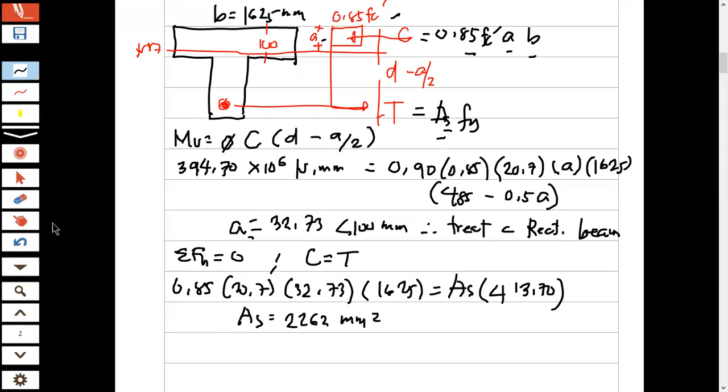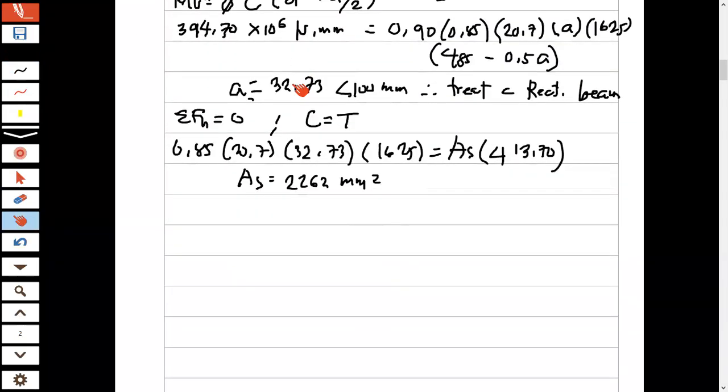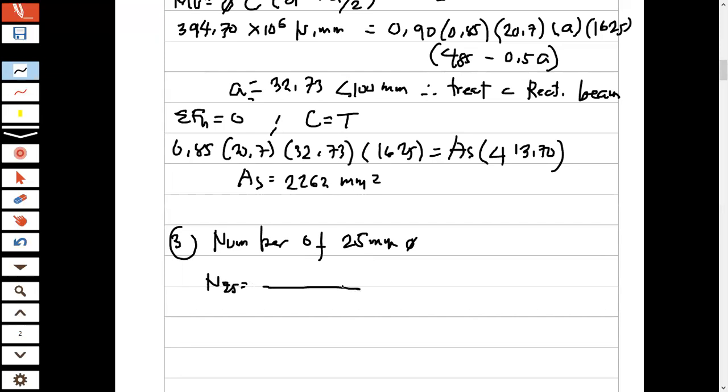The third question is to compute the number of 25 mm bars. This is easy now. Once you have As, you can compute the number of bars. The number of 25 mm diameter bars is equal to As, 2,262 square millimeters, over the area of one 25 mm bar, pi over 4 times 25 squared.